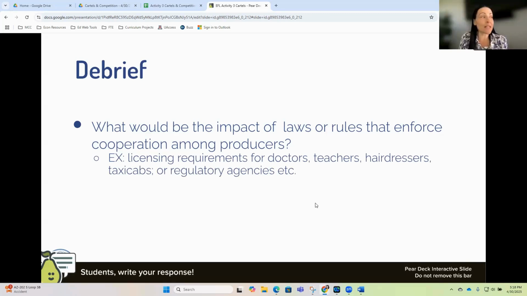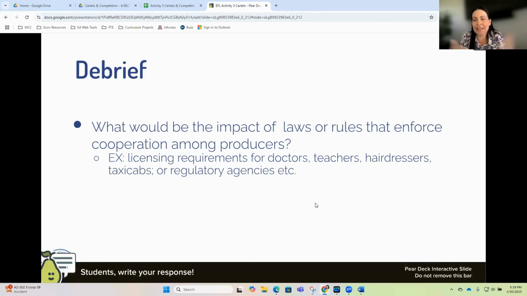So examples of this can be licensing requirements for doctors, hairdressers, teachers, taxi cabs, any kind of regulatory agency that says you can't be a part of this group unless you meet these requirements. Now, as a society, we weigh the costs and benefits, and we say it's probably good that we have requirements that doctors be licensed, right?